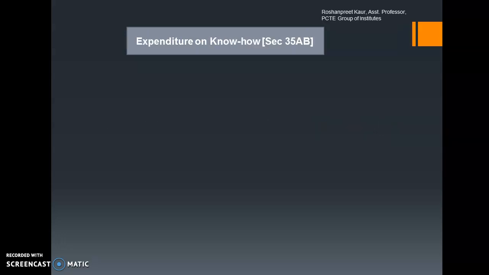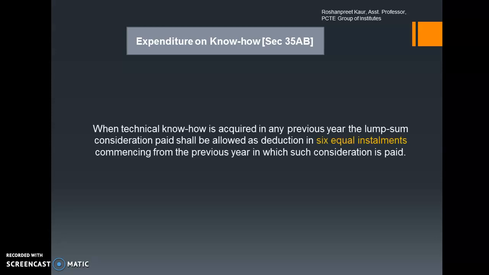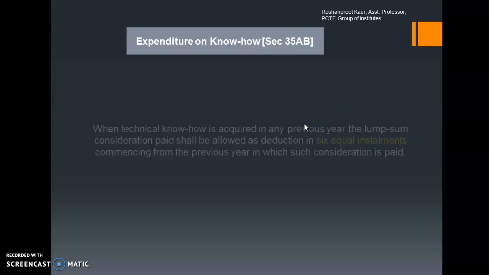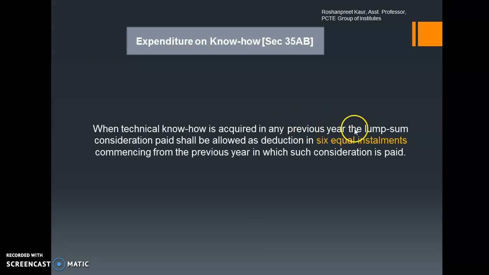Now, another point here under Section 35 is expenditure on know-how. If any amount is spent on know-how, that amount is allowed as deduction in 6 equal installments. Okay, so likewise, for patents and copyrights it is 14 equal installments, and for know-how it is 6 equal installments.